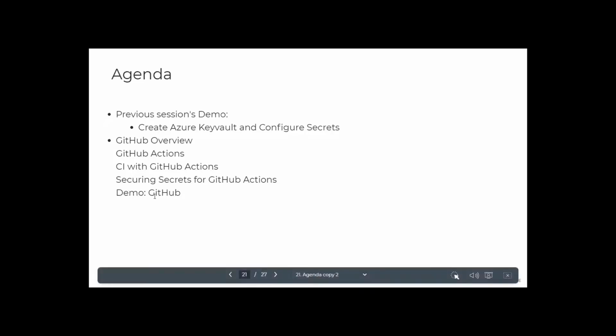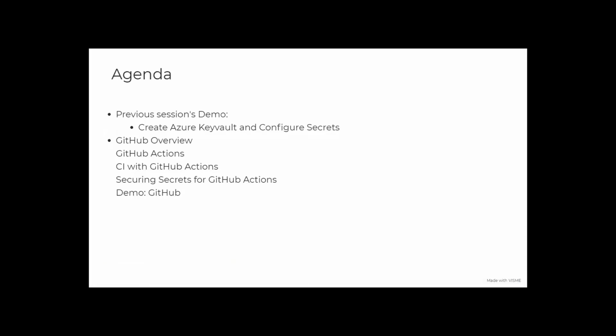After that, the demo: we are going to create a project with an Azure workload like Azure App Services, a .NET Core project, with the source code maintained in GitHub, and the deployment happening in Azure.